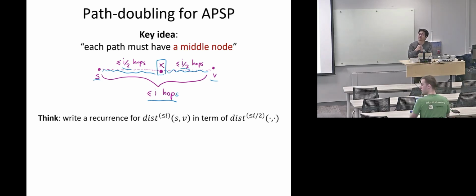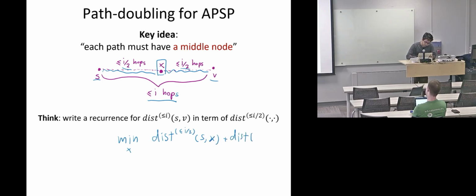Yep. So you would try every single middle node and take the minimum length of the sum of both of them together. Minimum over x, the middle node, of the sum of the distance from s to x and the distance from x to v, and each will be at most i over 2.